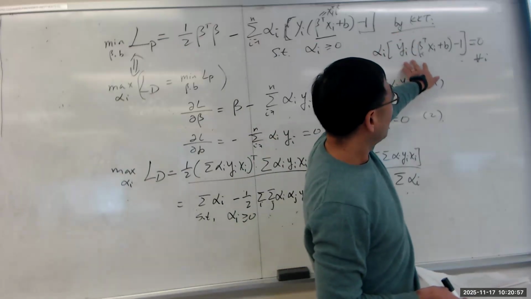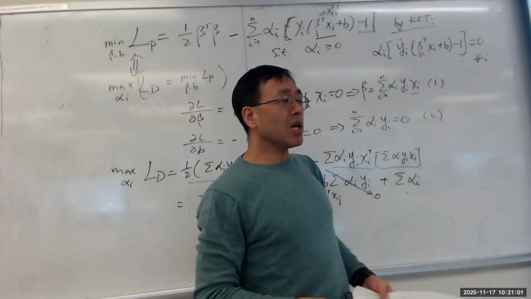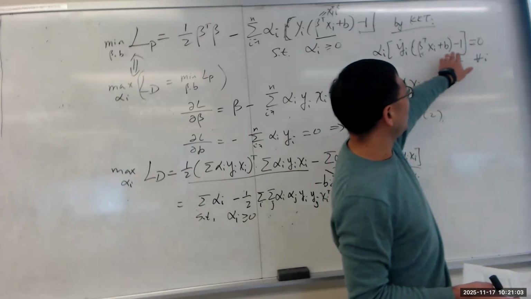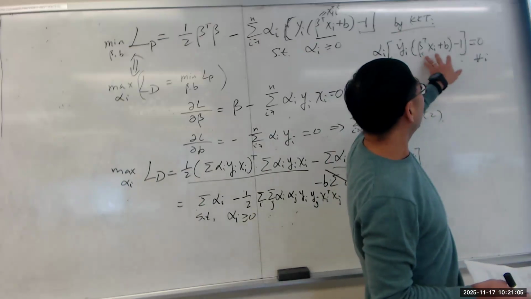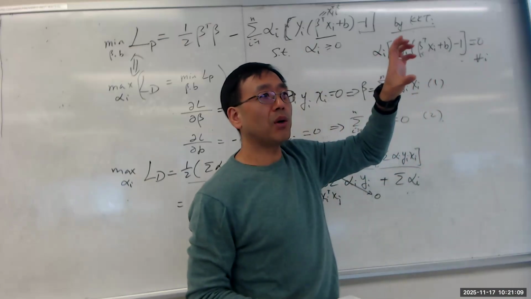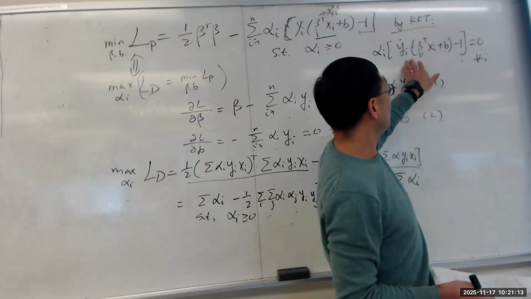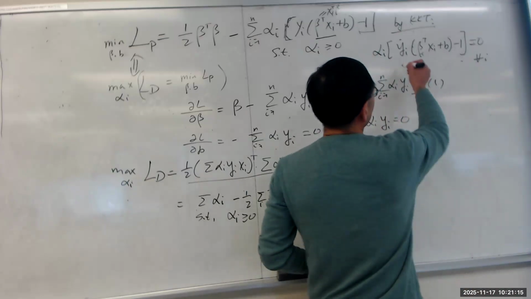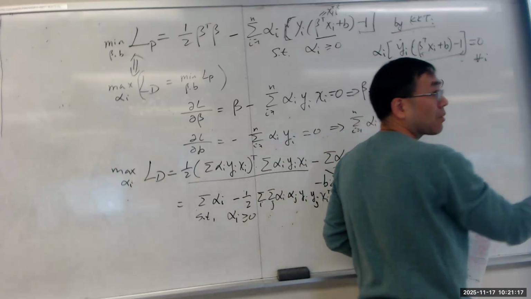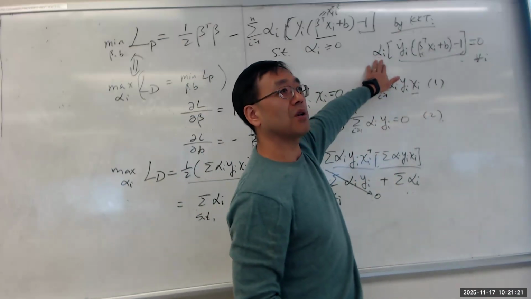Now we know from our earlier argument that only a few points satisfy y_i times this term equal to 1, which is the boundary. Most points are bigger than that, not on the boundary. So for the majority of points, this term does not equal 0, which means alpha_i has to be equal to 0.